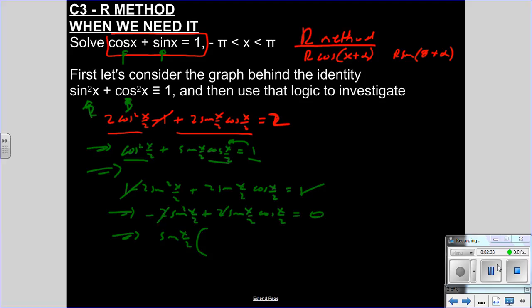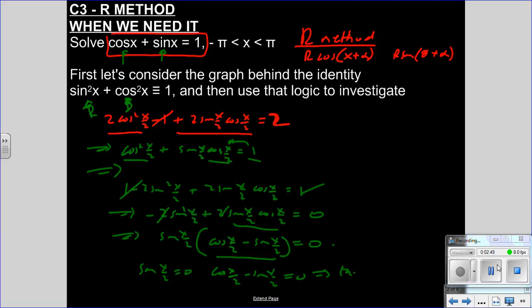Take out the factor of sin(x/2), leaving cos(x/2) − sin(x/2). And you have got it now, because sin(x/2) = 0, or cos(x/2) − sin(x/2) = 0, and therefore tan(x/2) = 1, which you can solve by bringing that over and dividing everything by cos.